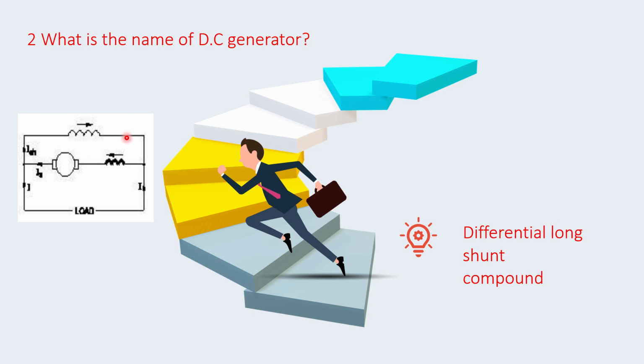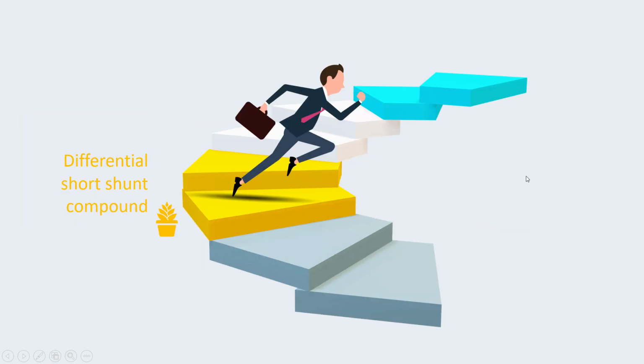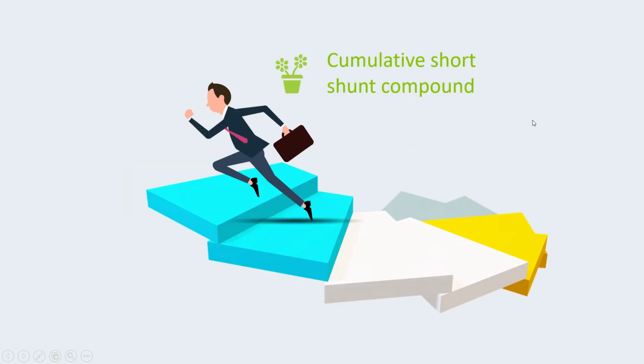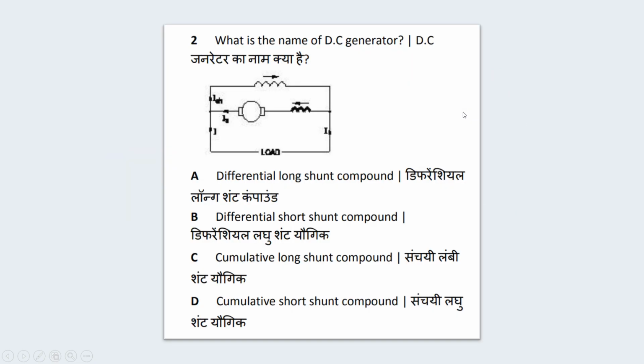Option A, differential long shunt compound generator; differential short shunt compound generator; cumulative long shunt compound generator; cumulative short shunt compound generator. The answer is differential long shunt compound generator, because the current directions are opposite to each other.